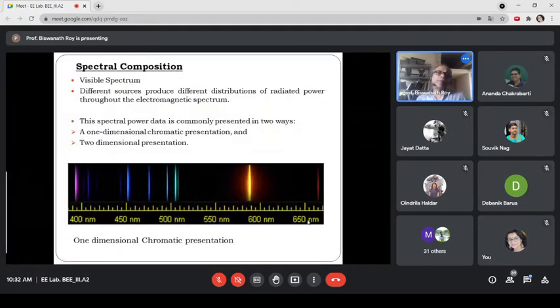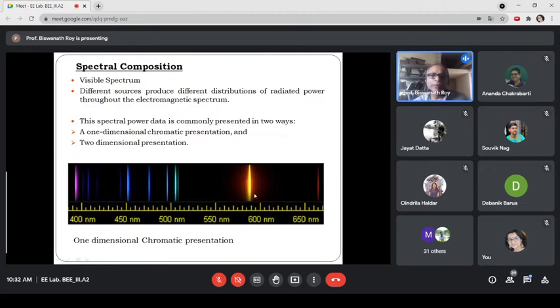Now, what is the type of representation of these spectral data? There are two types. One-dimensional, where, as I said, we can identify different colors of visible radiation of different wavelength.